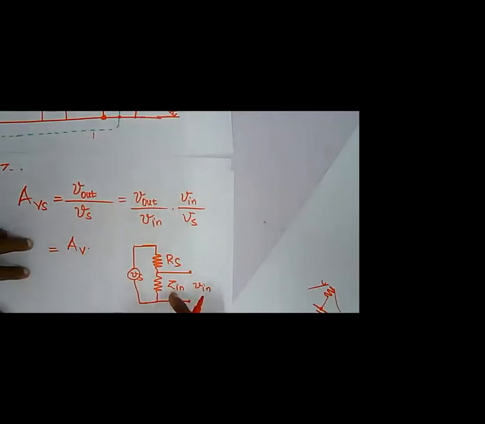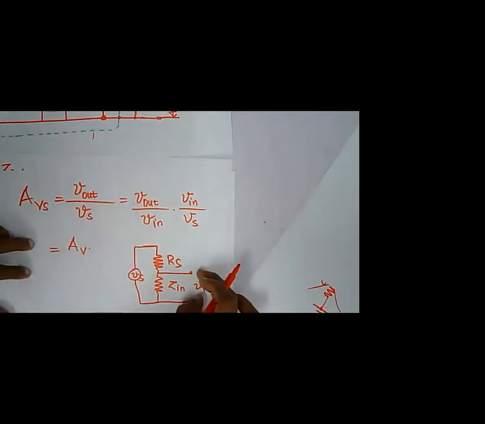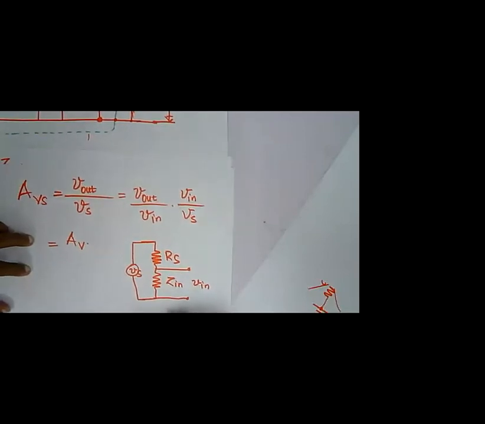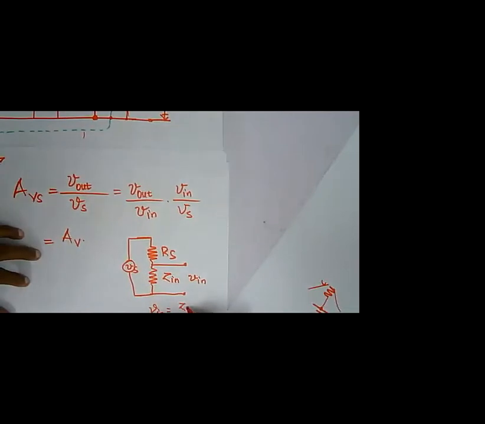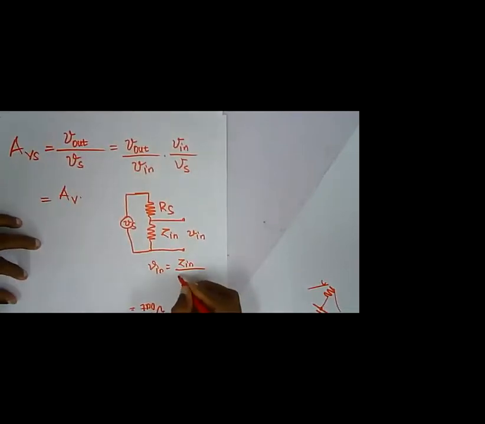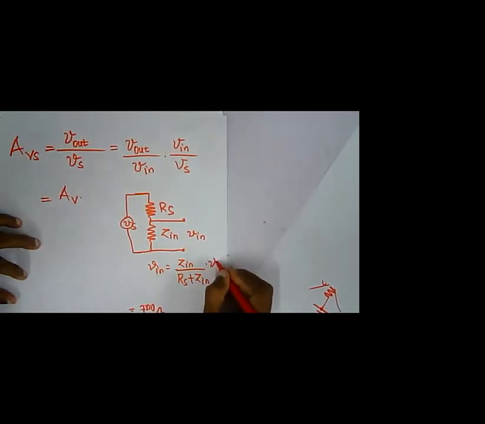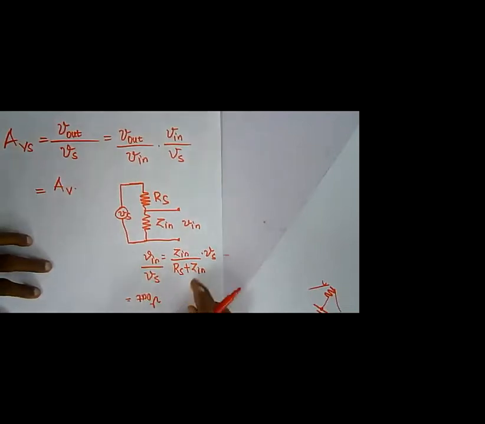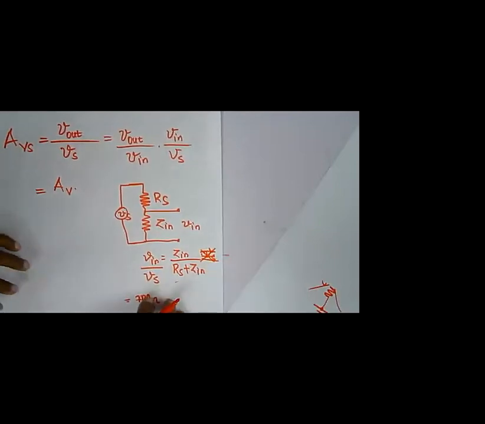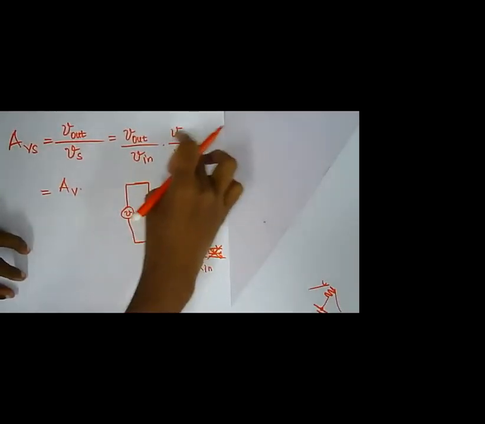So Rs is Z in, right? So I can write V in as Z in divided by Rs plus Z in into Vs, right? So I can write my V in by Vs as Z in by Rs plus Z in, right?